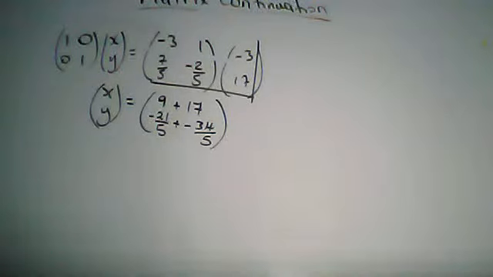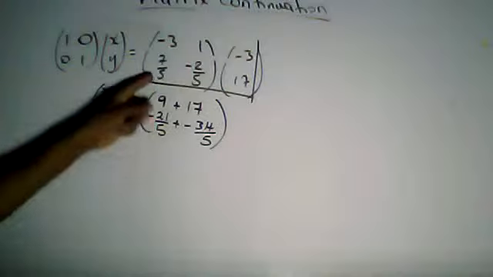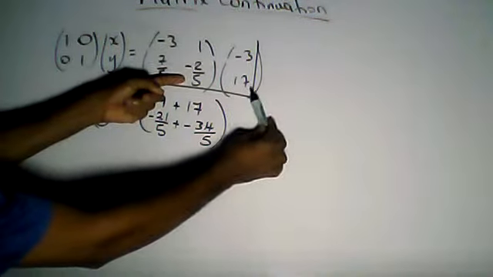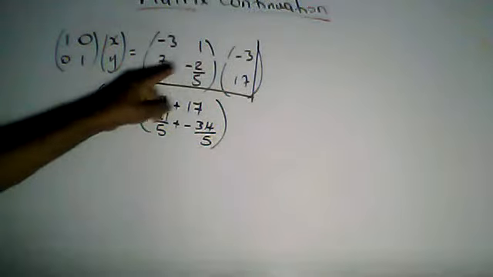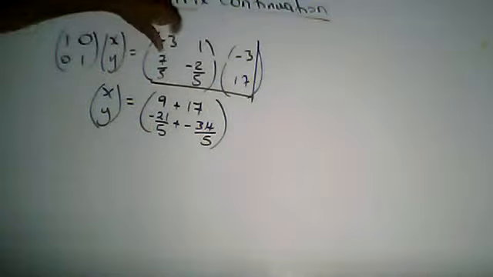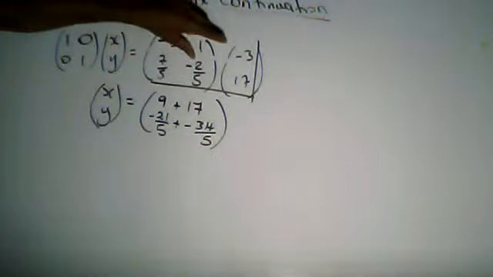Any questions? Make sure I understand exactly what I'm doing here. Let it process. So it's this times this, then this times this. They cannot cancel numerator with denominator, so I just multiply numerator with numerator. Same thing goes for here.